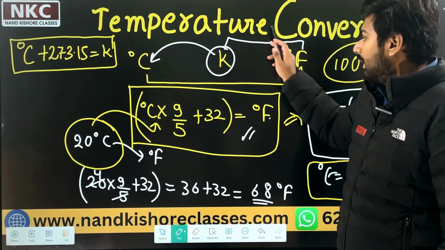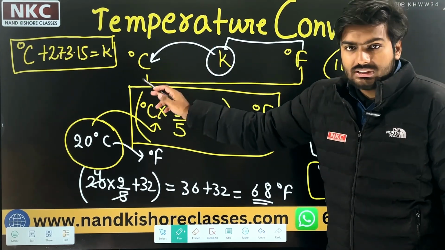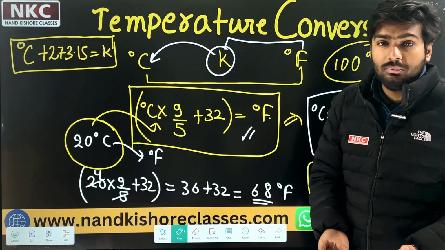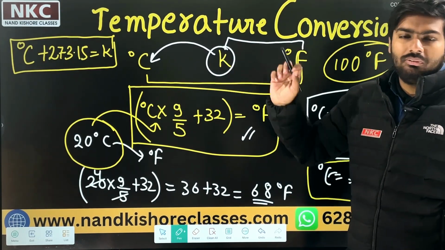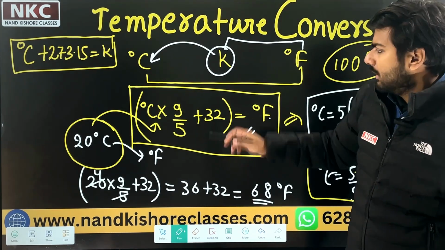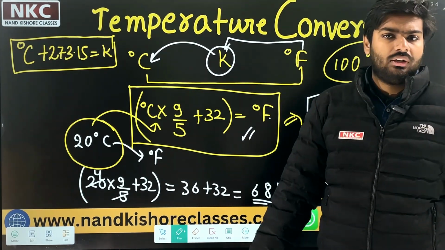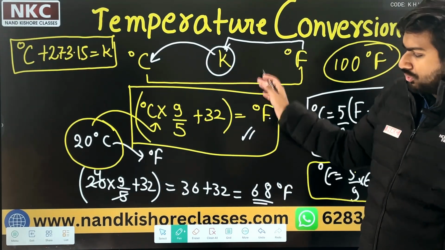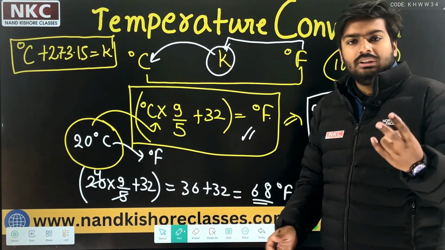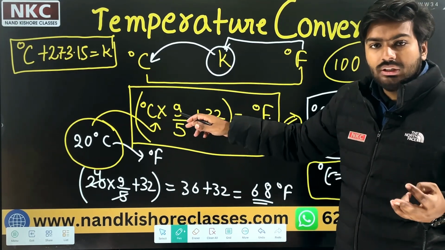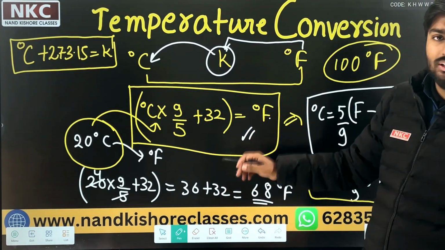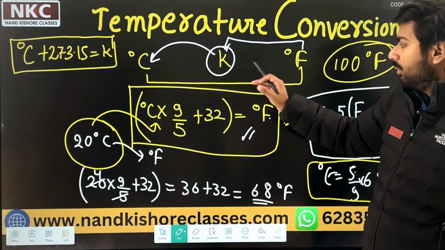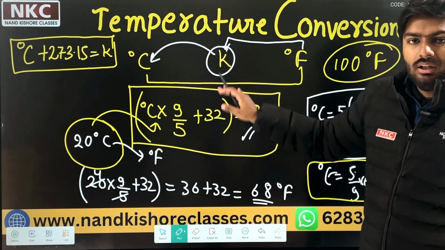You will not go directly; you get degree Celsius and then find degree Fahrenheit, because otherwise we would have to learn multiple formulas for Kelvin directly to Fahrenheit. That is why I'm not showing that formula. You just learn these two formulas: C into 9 by 5 plus 32 equals degree Fahrenheit, and the other one. After using both formulas, you can convert between any of these three units.